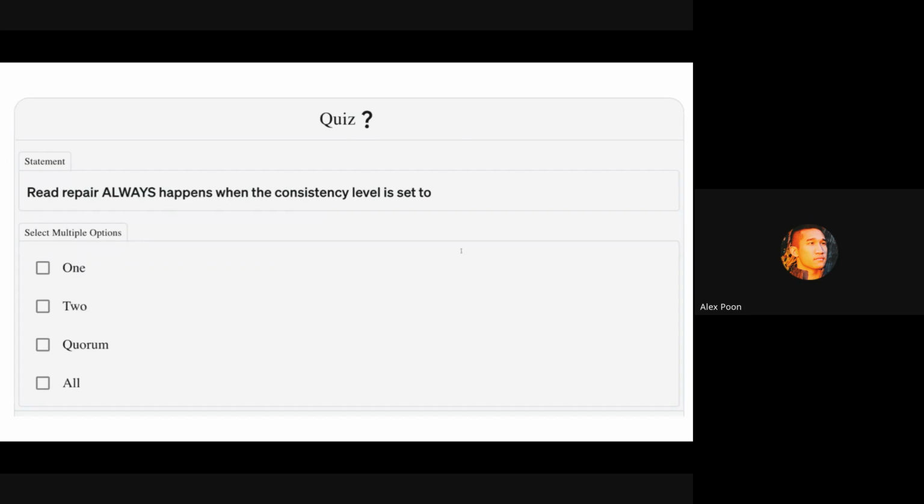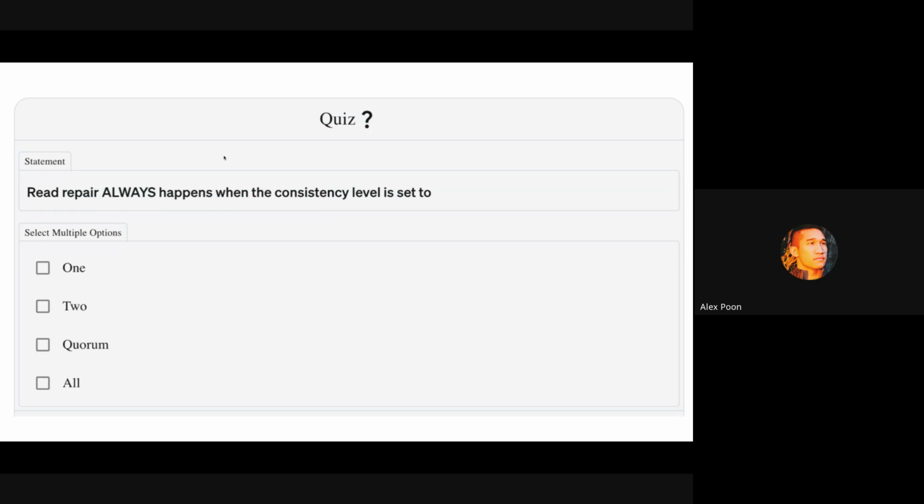Next, we have: read repair always happens when the consistency level is set to... Looks like a pretty good number of votes coming in.